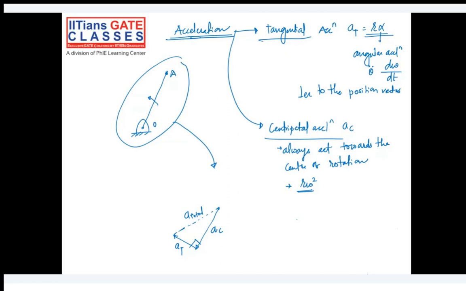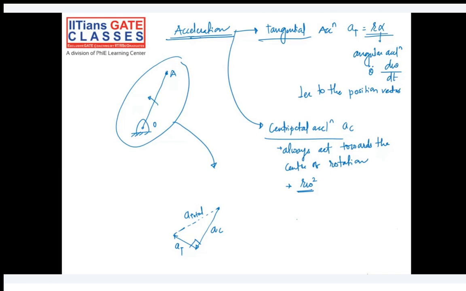Okay, so this is the turning pair, and if we have a slider it will have acceleration. You can imagine a slider like any body sliding on a road or on any surface.